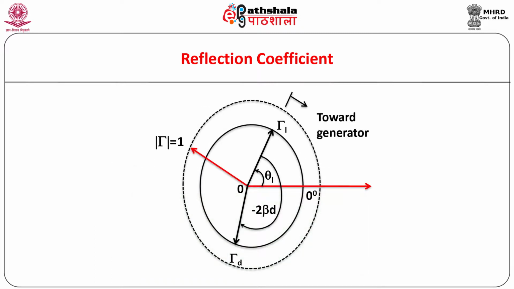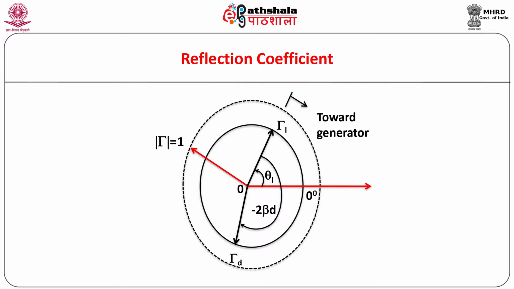We know that the maximum value of the reflection coefficient is 1. At the receiving end, the reflection coefficient is mod of tau L. If the transmission line is lossless, that is, if the attenuation constant alpha is 0, then the reflection coefficient has constant magnitude, but its phase angle theta L goes on changing along the transmission line in the direction from load to the generator.